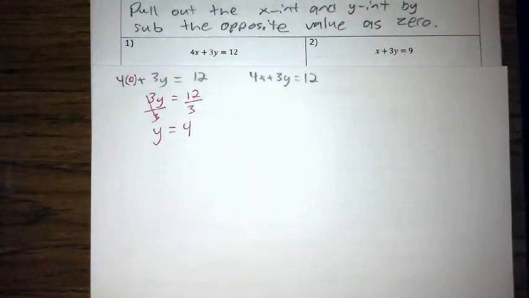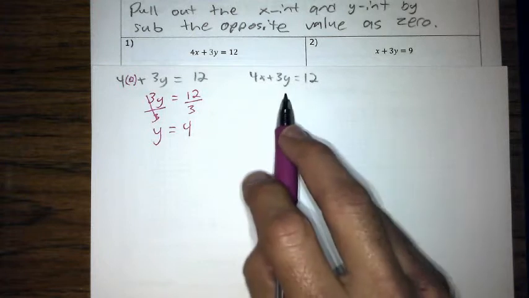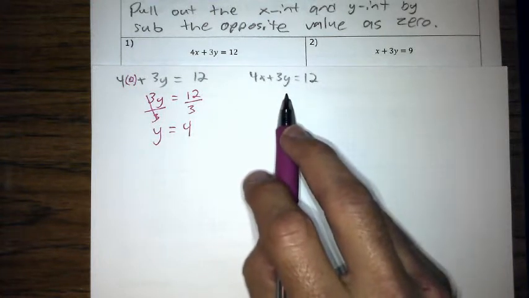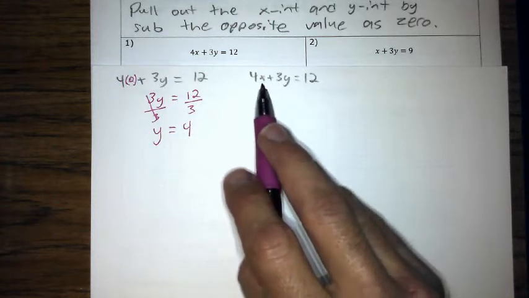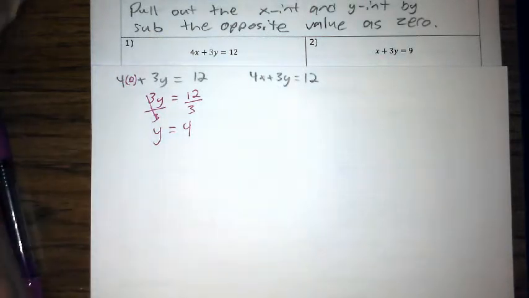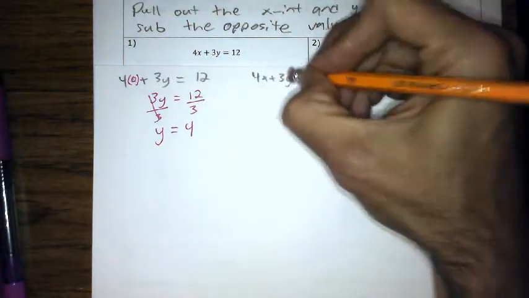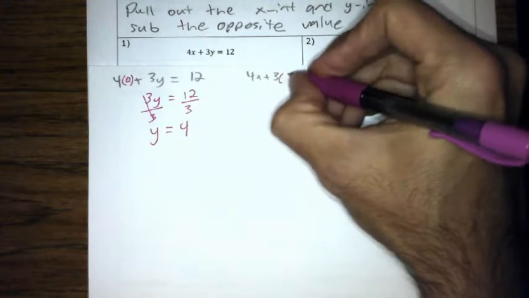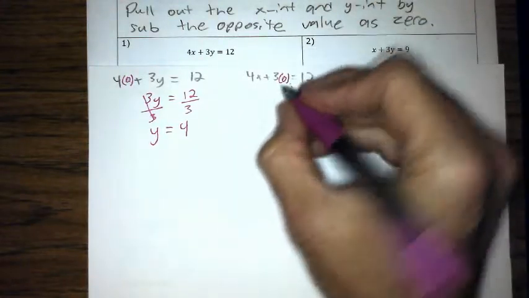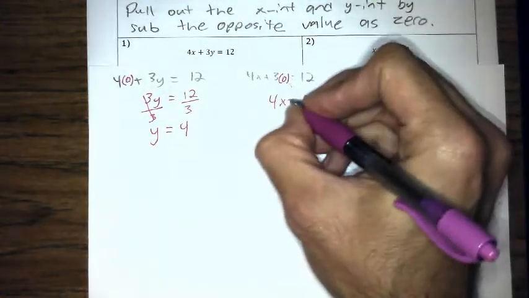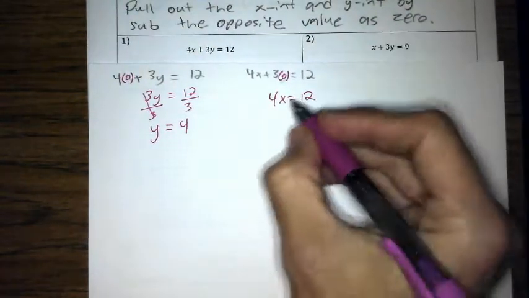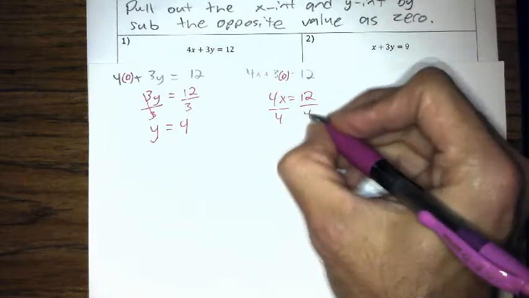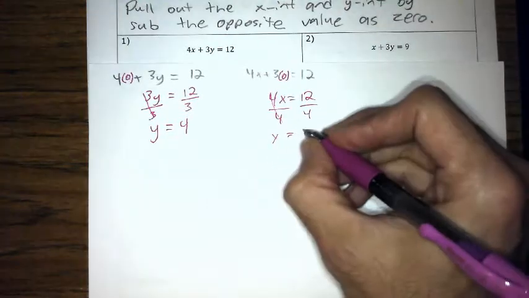Okay? Over here, you're going to substitute for the other value. So if I want to find the x-intercept, I got to substitute 0 for y. So he's gone right there, and we're going to put a 0 in for the other value this time. 3 times 0 is 0, so that leaves me with 4x equals 12. One step equation, divide by 4, and you're left with 3.